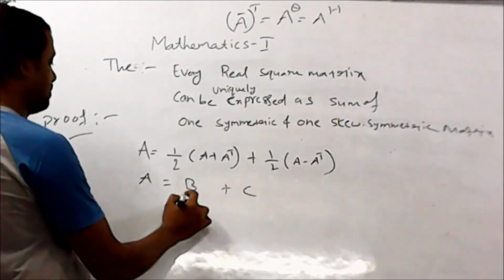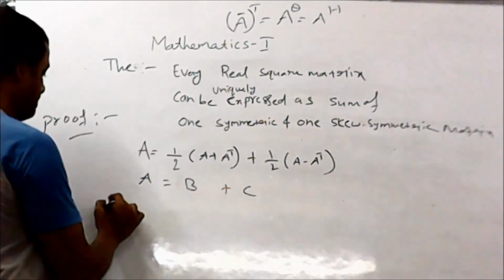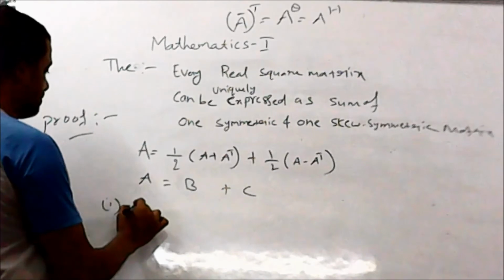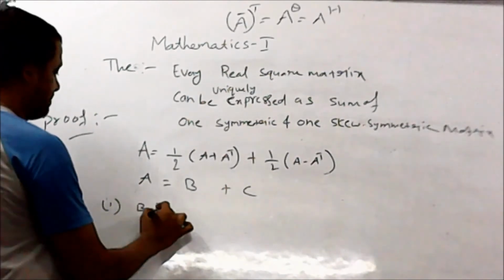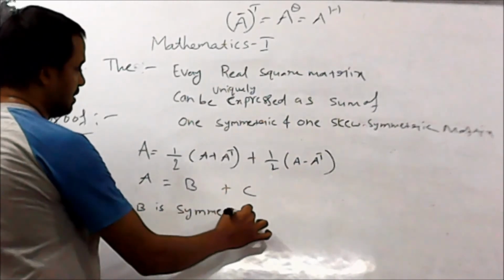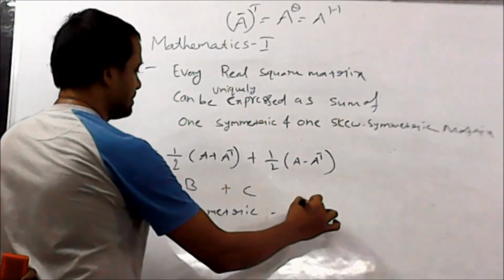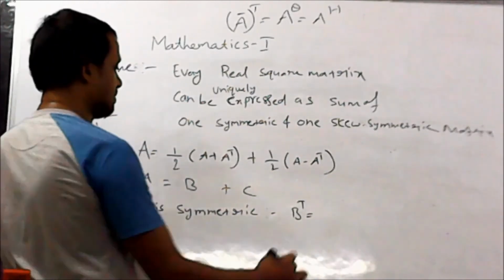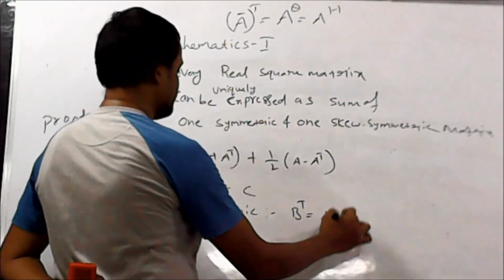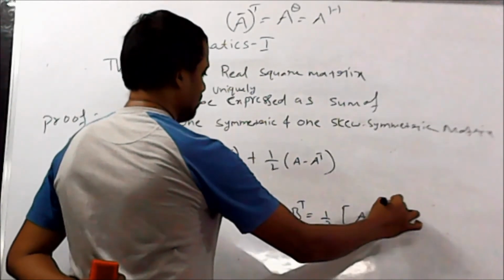We need to show that one is symmetric, another is skew symmetric. First we need to show that B is symmetric. What is symmetric? B transpose is equal to B. We need to prove that B transpose is equal to B. So 1/2 is a constant. Another thing is (A plus A transpose) whole transpose.